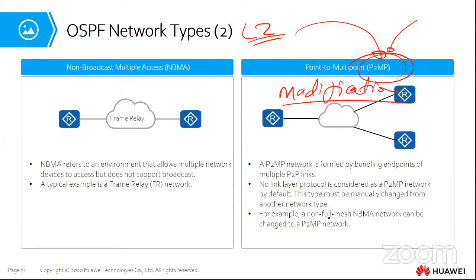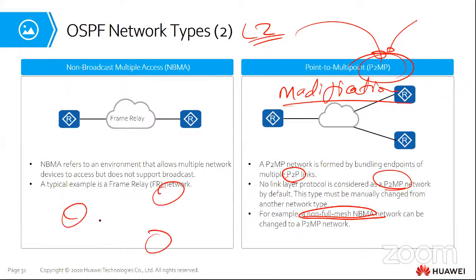So you can have a non-full mesh non-broadcast multiple access network, and you manually change it to point to multi-point. You can have two different point-to-point links through frame relay, and you manually configure it into point to multi-point. But you don't have a default point to multi-point.